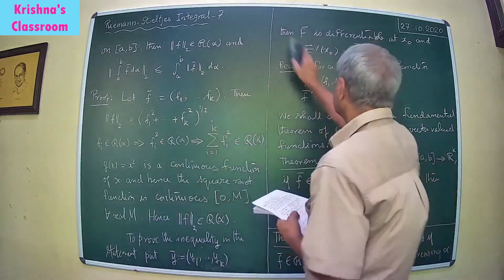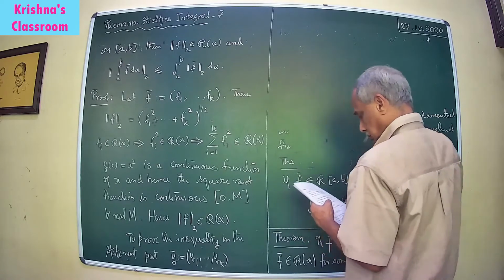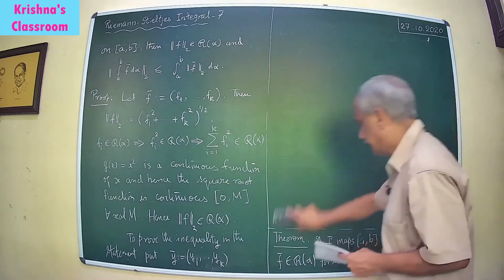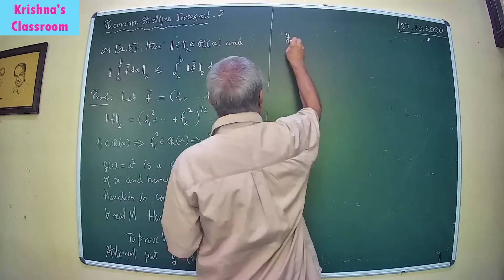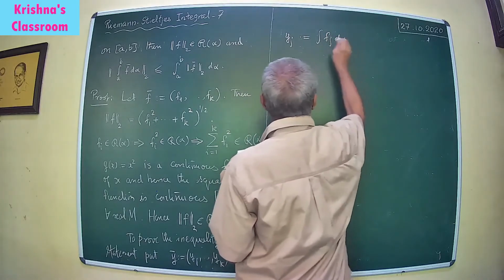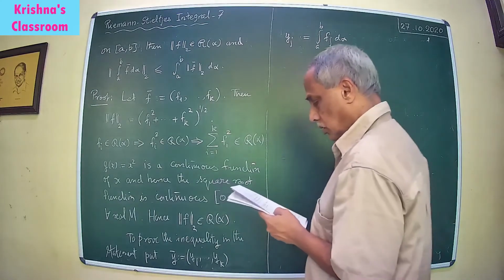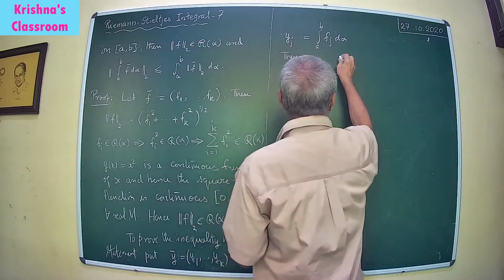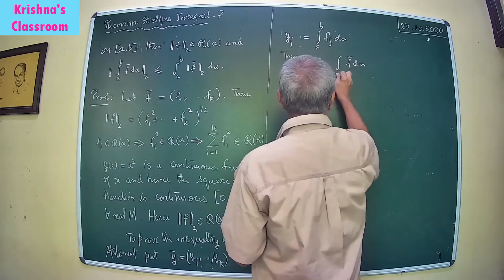And further, the component yj equal to the integral of fj d alpha. Then y is this.